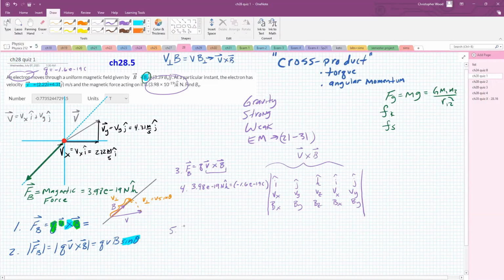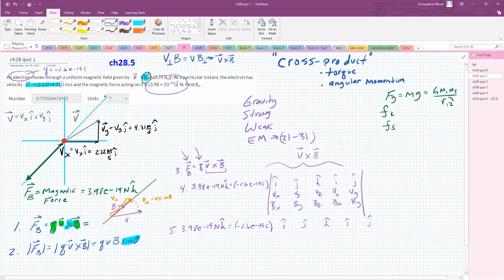Number 5. 3.98 times 10 to the minus 19th newtons in the K hat direction equals negative 1.6 times 10 to the minus 19th coulombs. That's Q. So, okay, Q is represented, the force is represented, and then here's my V cross B, my same headers, I hat, J hat, K hat, and then you just repeat I hat, J hat, and then VX.